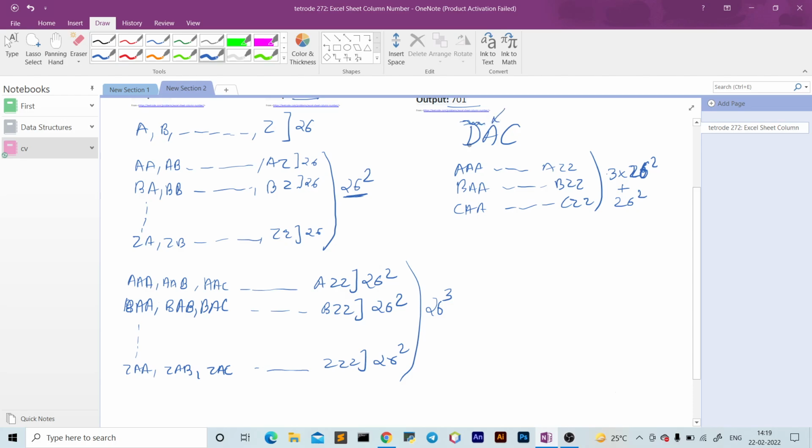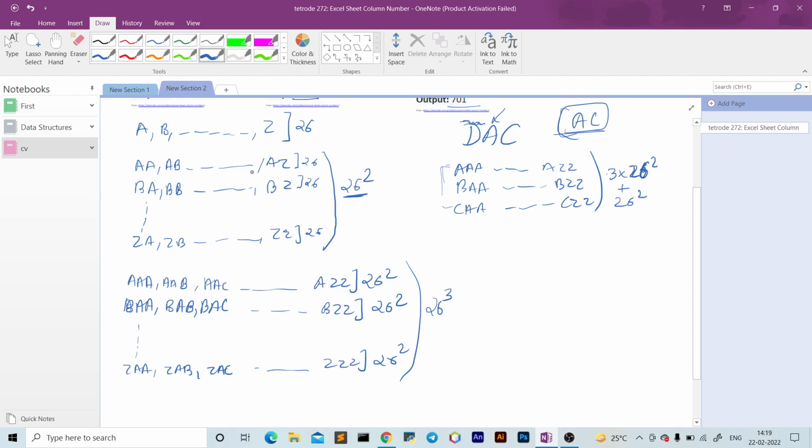Now we move to A. Let's say we forget about D and we only have AC. Where would this lie? This would lie somewhere in this level. For D we had A, B and C before it, but this is AC already, so we don't have anything before this A in this level.